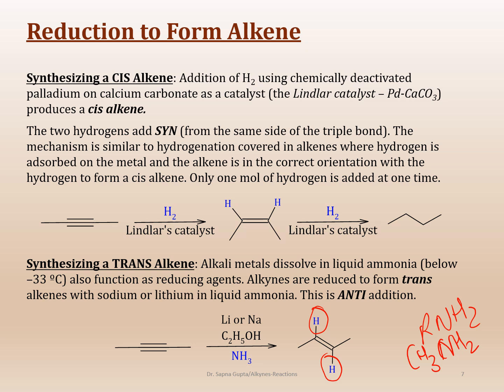The mechanism for this one is completely different from what we do for Lindlar's catalyst. Okay, this is a free radical mechanism which I have not covered over here, but it's a completely different mechanism, and that is how you can get anti-hydrogens, okay, on your alkyne, sorry, okay, to give you a trans-alkene.